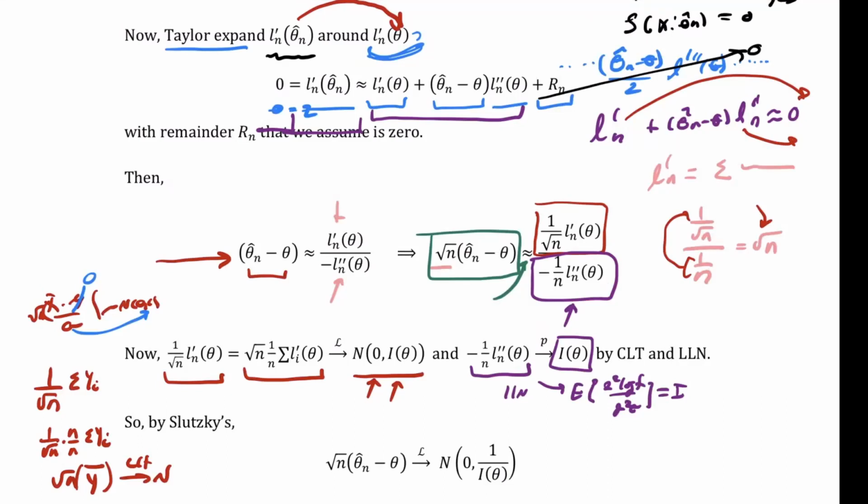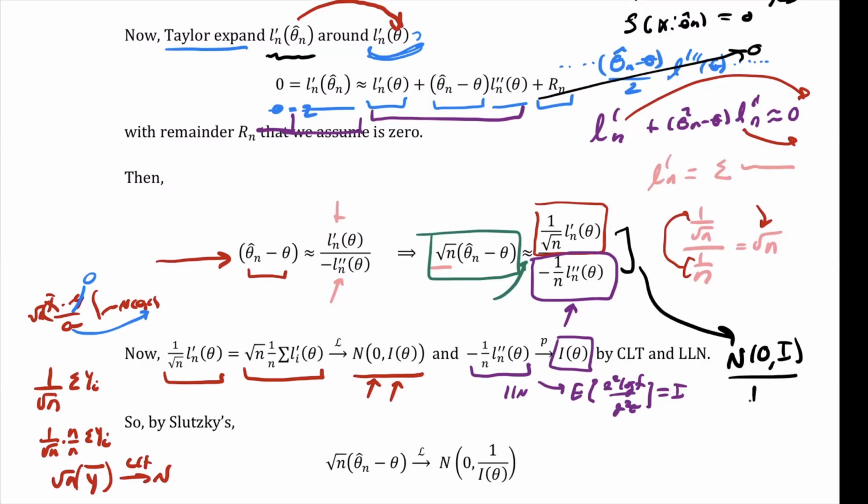So what I basically have now is this top piece here. I basically have a normal 0, I'm just going to call it V for variance. Actually, I'm going to call it I, normal 0 I, all over... Well, the bottom piece goes to I. Actually, let's see.